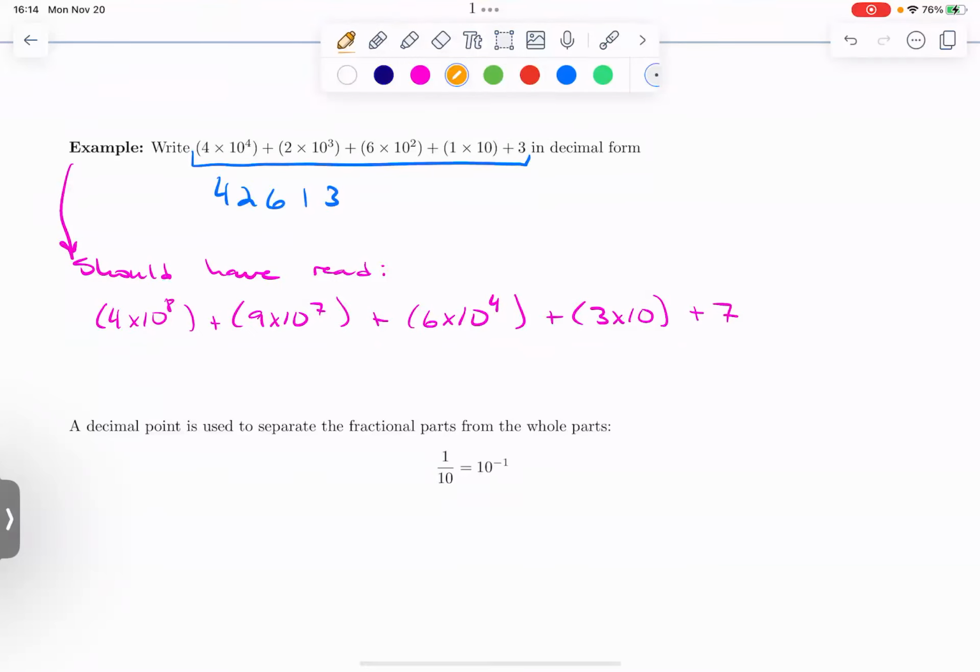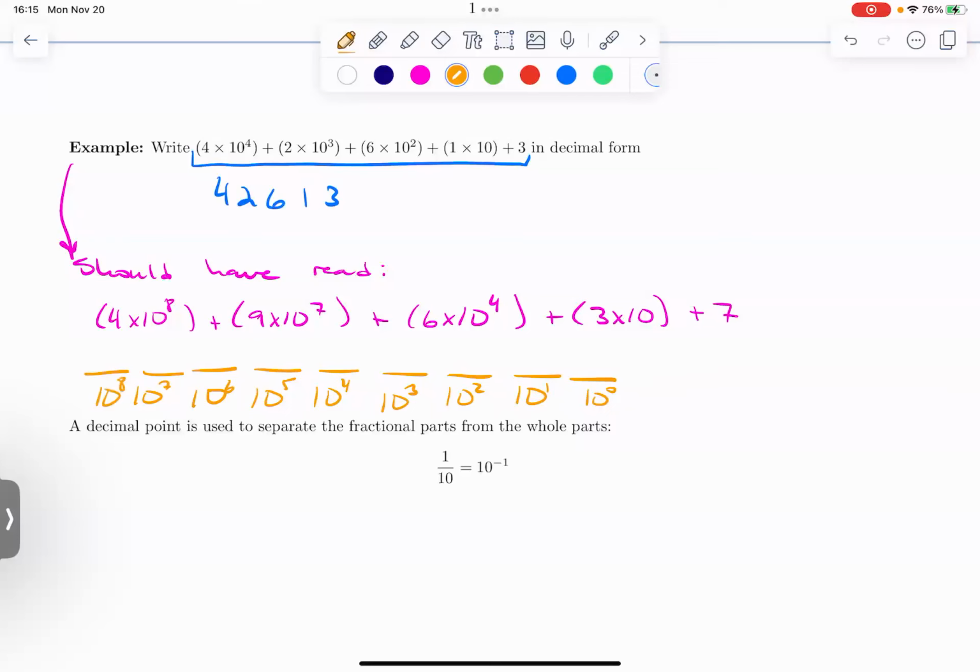So what I mean by that is 10 to the 0, 10 to the 1, 10 to the 2, 10 to the 3, 10 to the 4, 10 to the 5, 10 to the 6, 10 to the 7, and 10 to the 8.